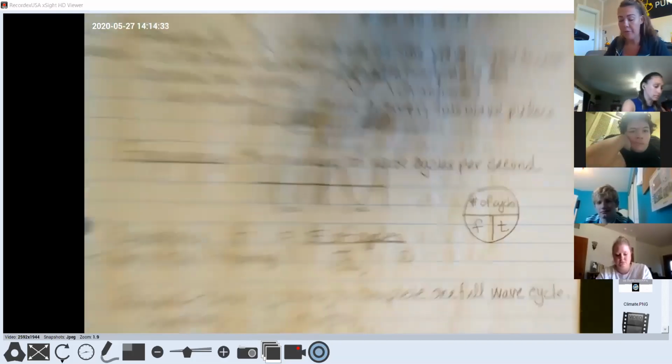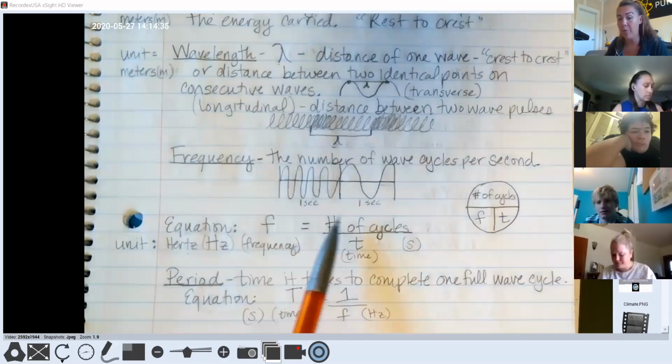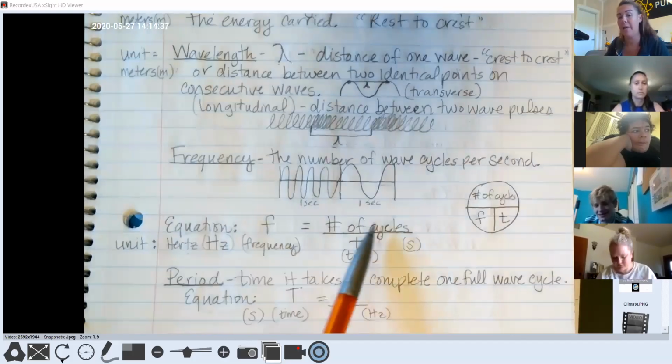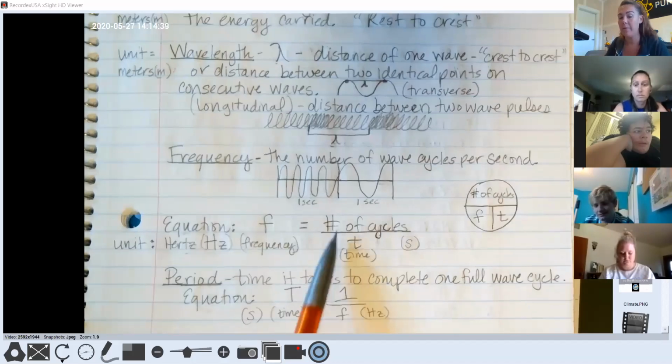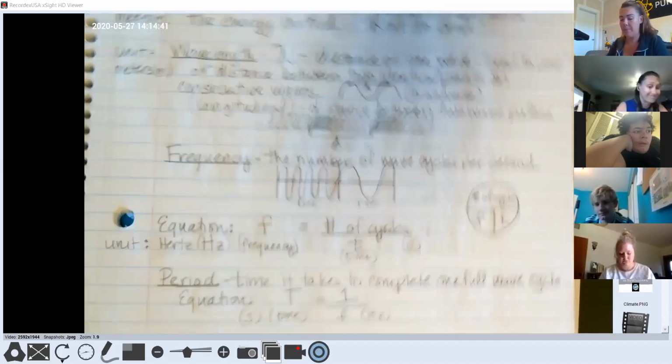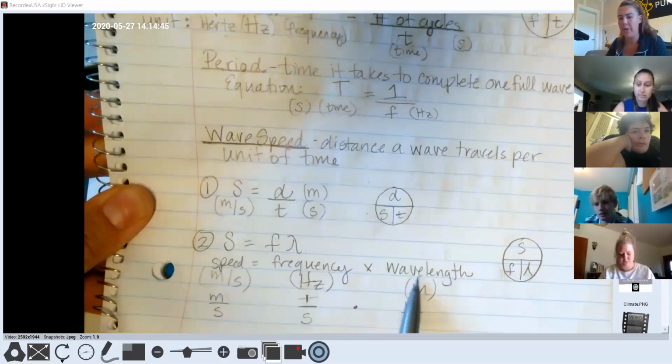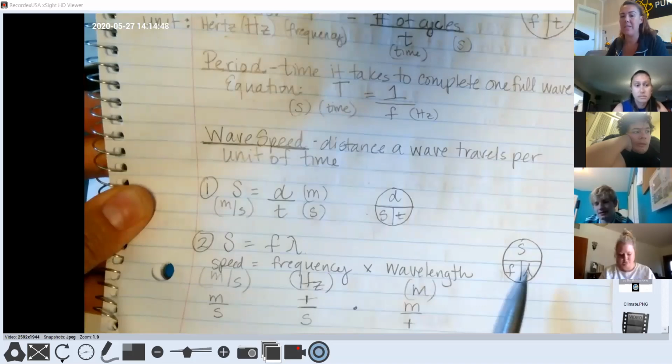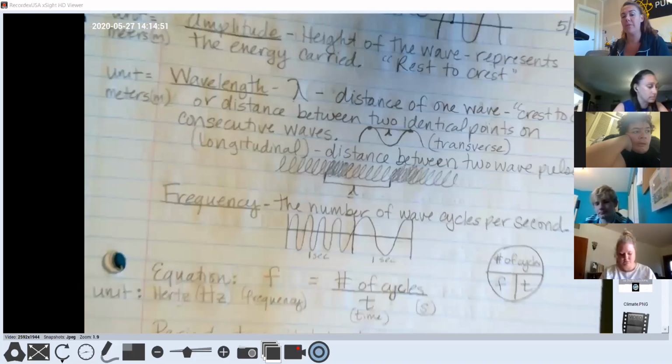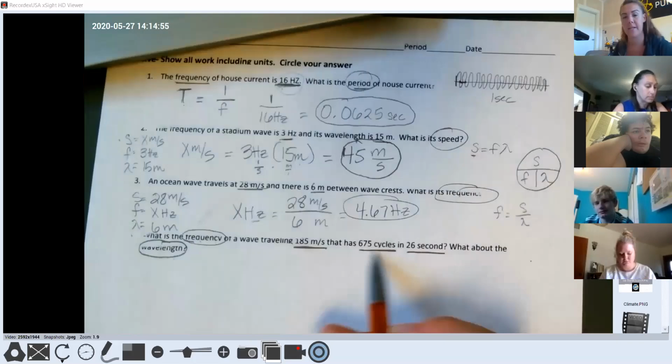So I'm going to look, and I do know that my equation for frequency is number of wave cycles divided by time. So I could find it that way. Or I could also use this bottom one, but I don't have a wavelength yet. So I couldn't find frequency because I don't have wavelength. So it looks like I need to find frequency using number of cycles and time. And guess what? It gives me number of cycles and time.